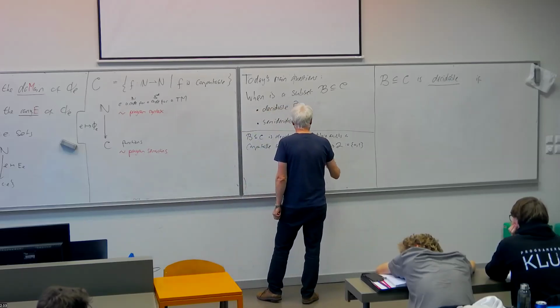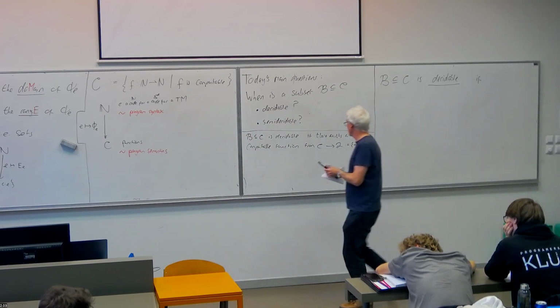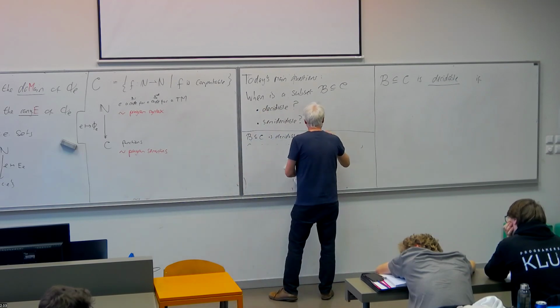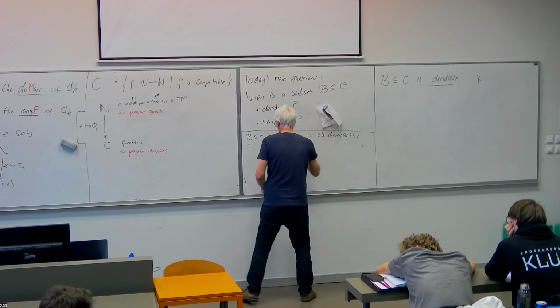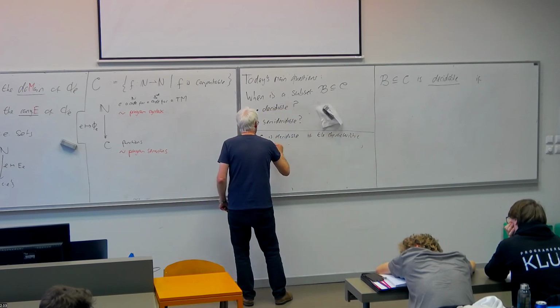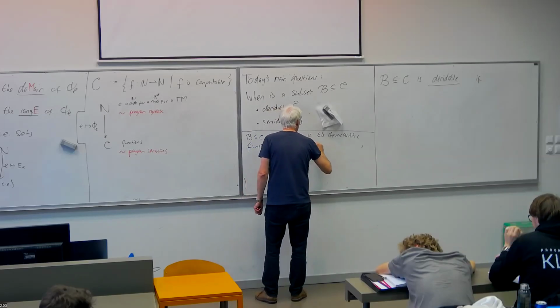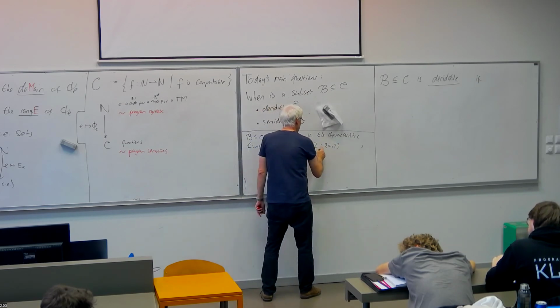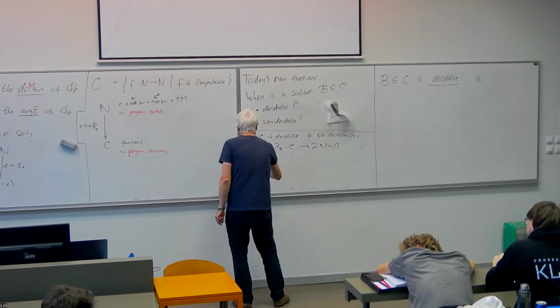Or rather, why am I being so complicated? B is decidable if the characteristic function, I_B, which is a function from C to 2, where I'm using 1 to represent truth value, is computable.